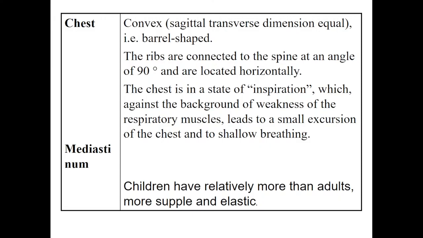Chest. Convex, sagittal and transverse dimensions equal, for example, barrel-shaped. The ribs are connected to the spine at an angle of 90 degrees and are located horizontally.